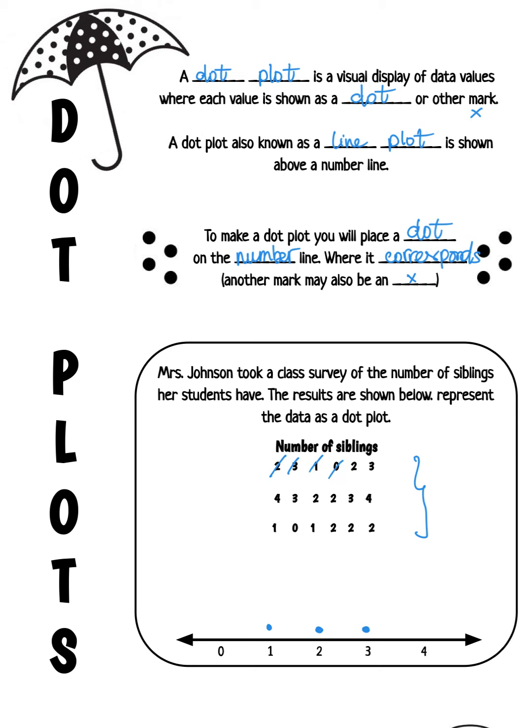It's 0. 2, 3, 4, 3, 2, 2, 3, 4, 1. So if I have to draw a dot for myself, I'm going to draw it on the 1, right here, since I have one older brother.